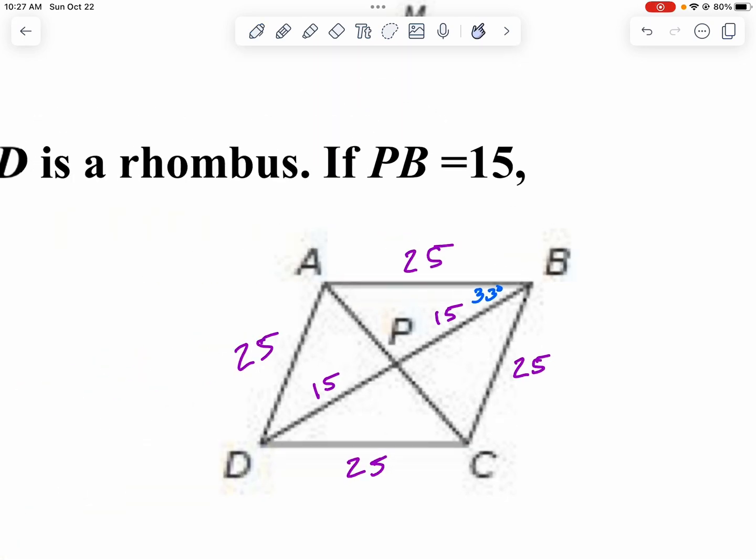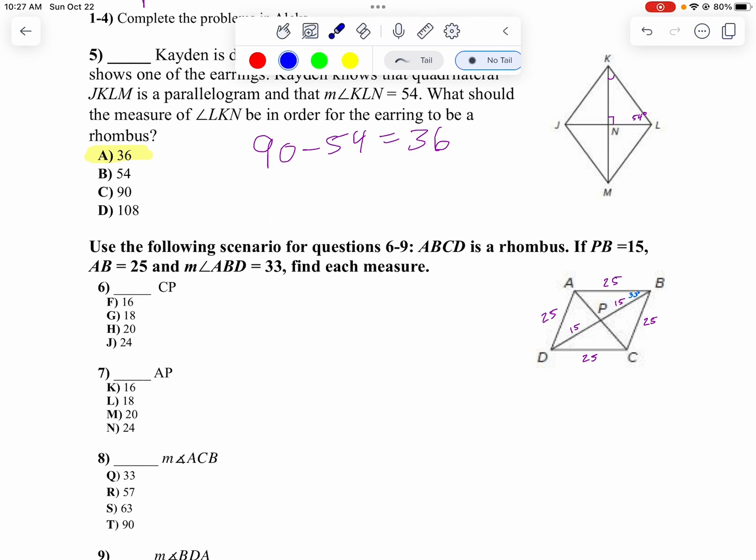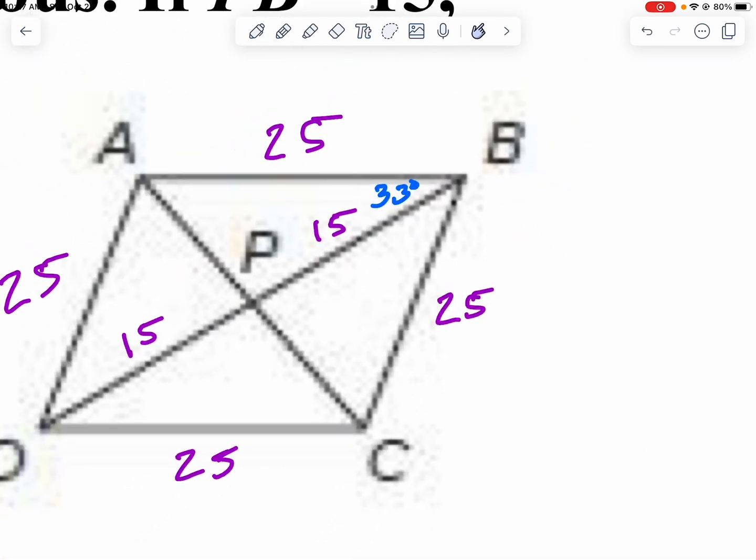Now let's take a look at our questions. We want to find C to P. Well, here's how we can approach that. To find C to P, remember the diagonals of a rhombus meet at a right angle. So I've got a right angle there.